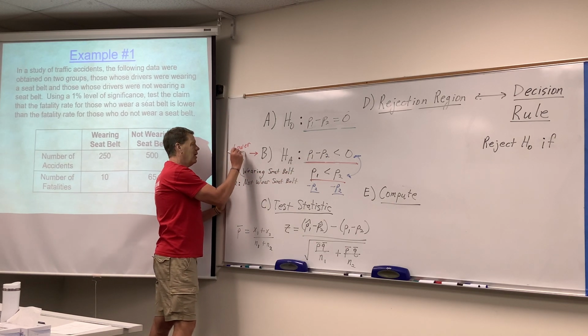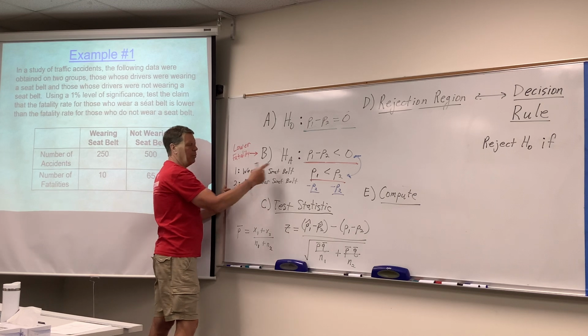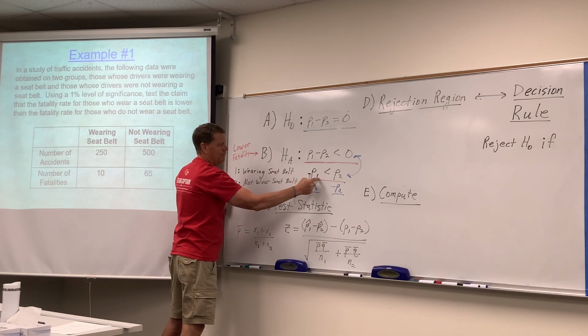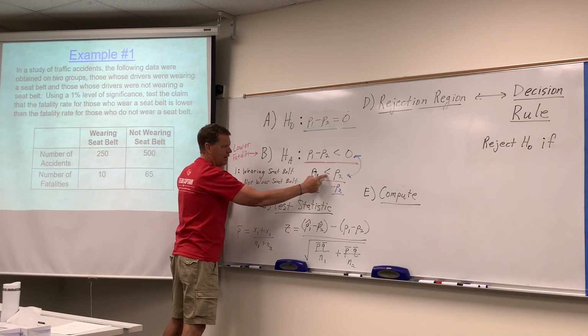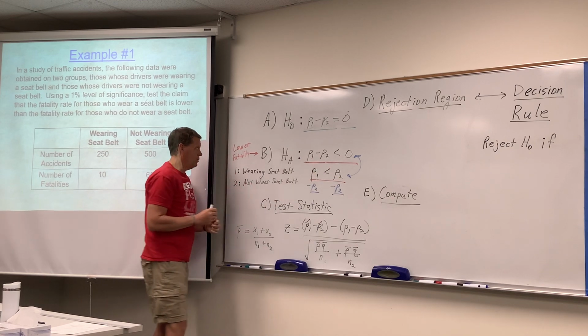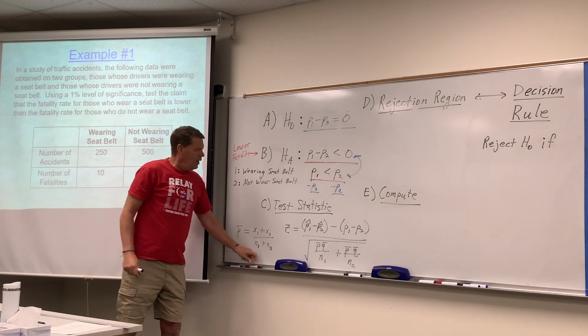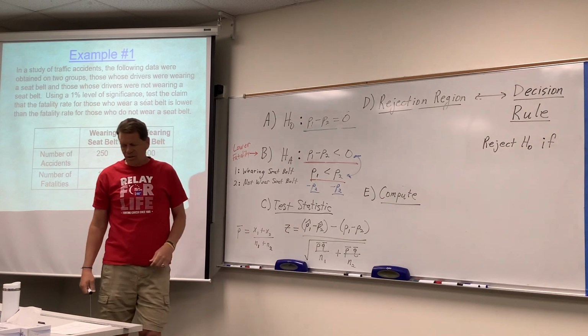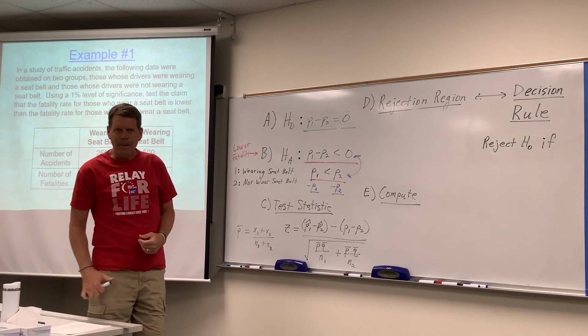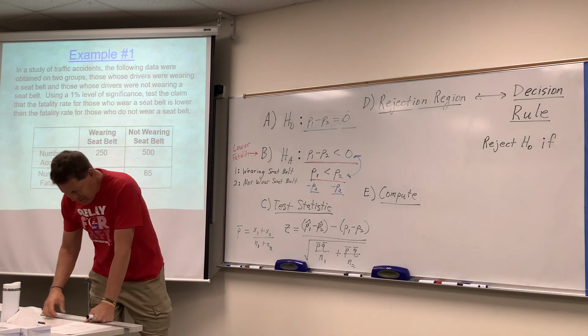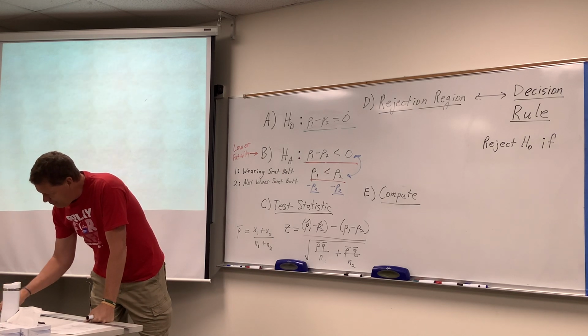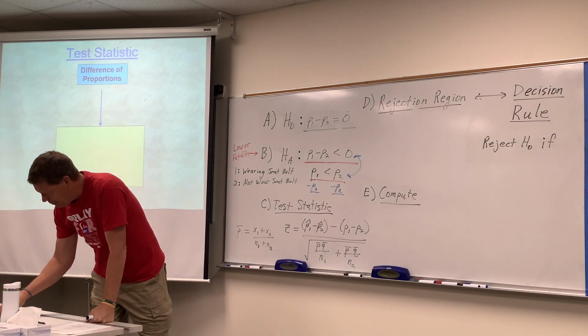So if you wear a seatbelt, if you're part of population 1, your chances of dying in a wreck are lower than if you don't. That's what the alternative is saying. Okay, so we assume that the null hypothesis is true, that it makes no difference. All right, now on these, the test statistic, yeah, it's a flow chart, but I'll tell you what, it's going to be the same on every one.